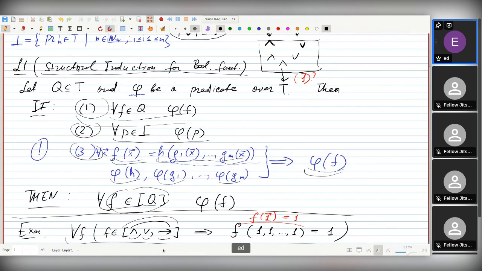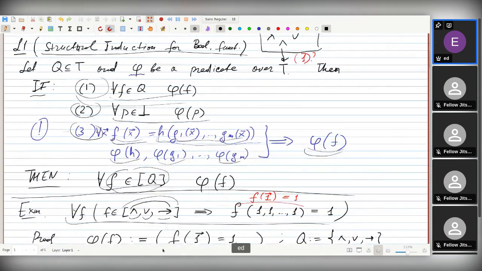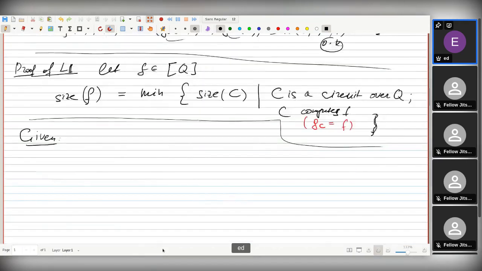I'll prove it by induction on the size of my function. So, in general, I want to prove that whatever function computable from Q satisfies phi.